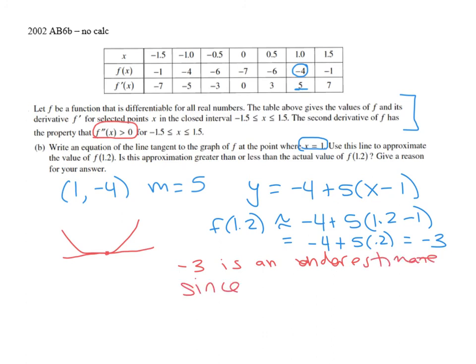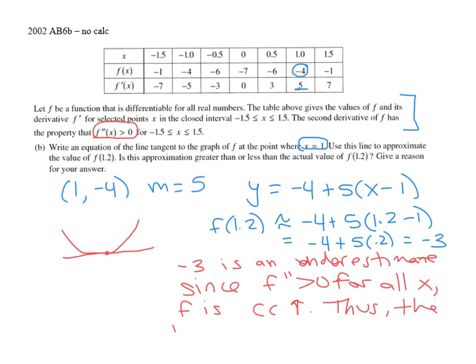Since f double prime is greater than 0 for all x, f is concave up, thus the tangent line lies below the curve.